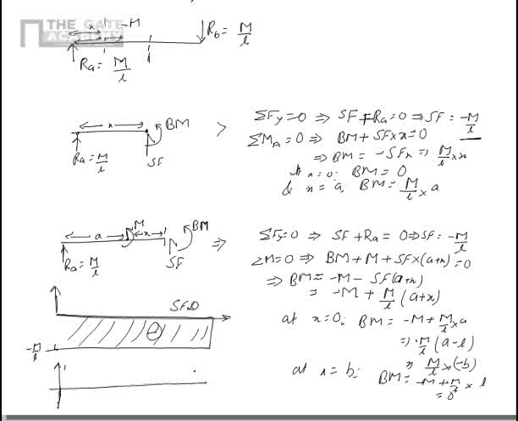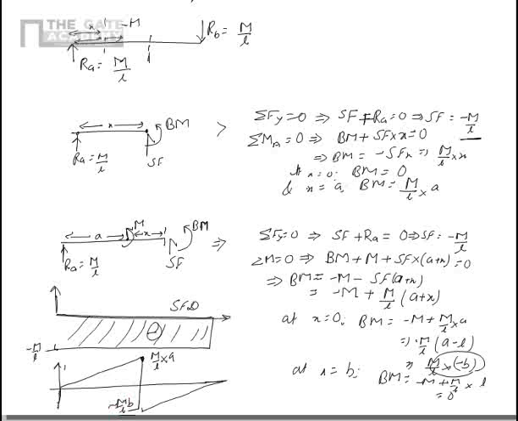So the bending moment diagram looks like this. It increases from 0 to M upon L into A till the point of application. Then at the same point it drops down to minus M upon L into B, and then goes to 0.